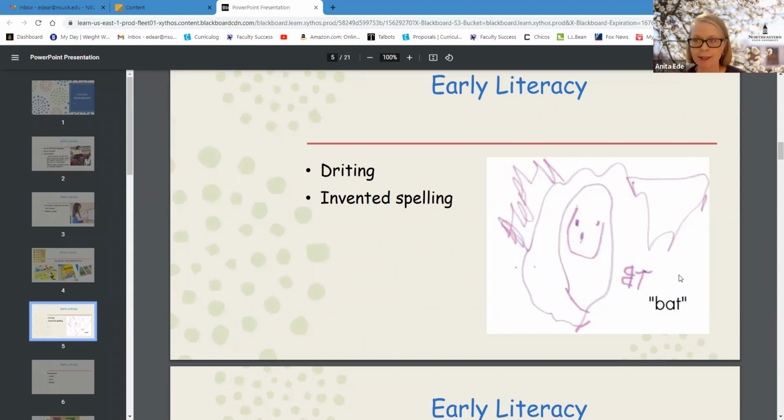As the child progresses in their writing skills, you'll see the BT, like this one's already progressed. And it's really not until they get to 1st grade that they're paying attention to those vowels in the center of those consonant, vowel, consonant words. And that's when you have some formal writing. But invented spelling is an important piece in acquisition of literacy.